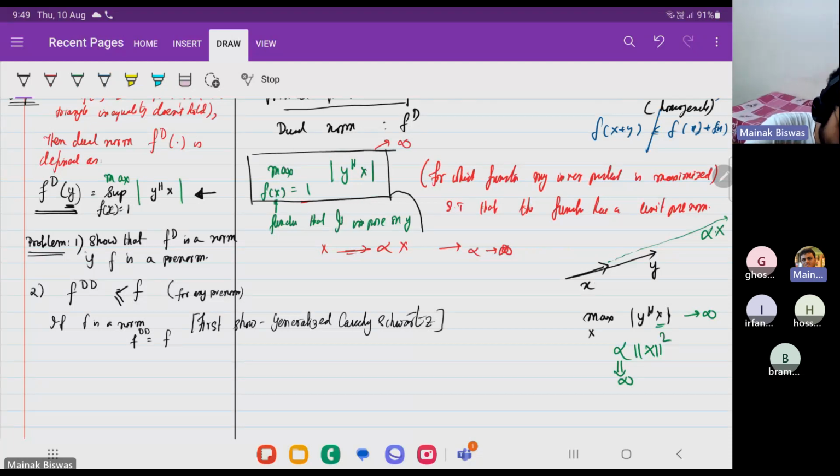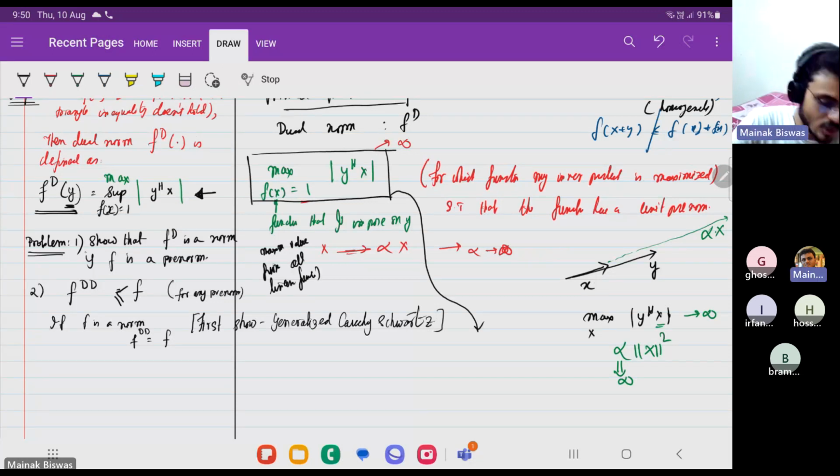So I'm seeing which of the functions maximizes my inner product. What is the maximum value I'm getting from the function? Maximum value from all linear functions. This is the intuition.